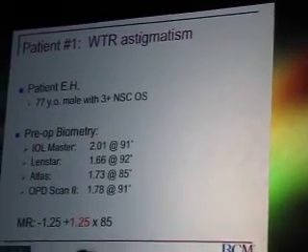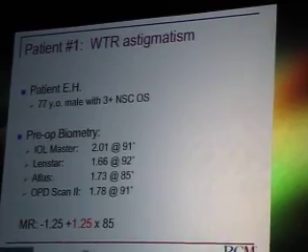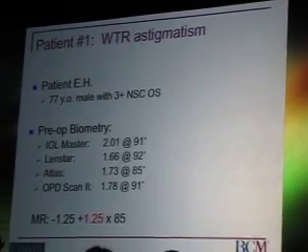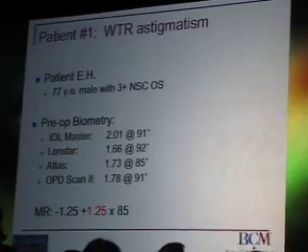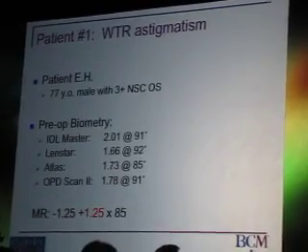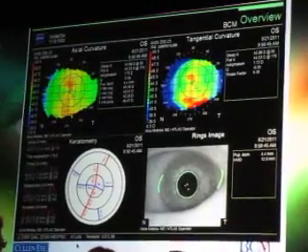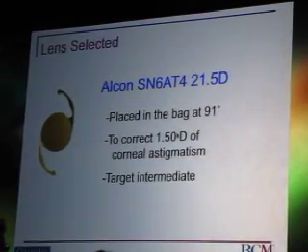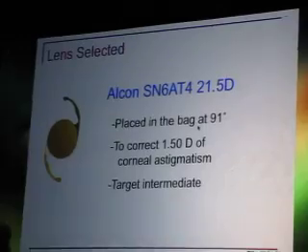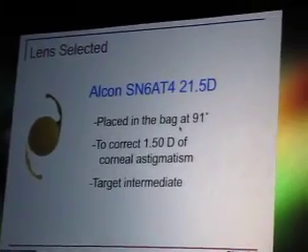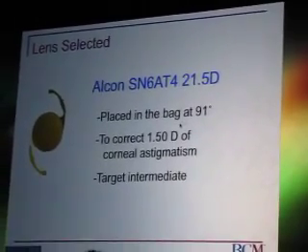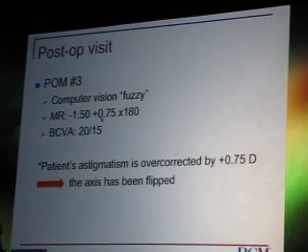And he said, well, how does a toric lens work, and how do you know it's accurate? Are your measurements accurate? And I said, you know, I am so good with this lens, I'm going to nail it for you. Notice his refraction has a little less astigmatism. Topography is unremarkable. I implanted a T4, which was certainly adequate to correct most, but not even all, of his measured astigmatism. He wanted an intermediate target.